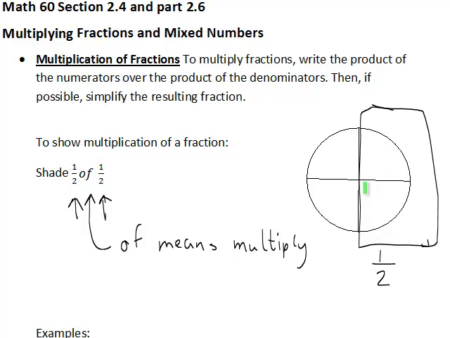Okay, so let's try to shade this. 1/2 of 1/2 is this much. This is half of a half. We have 1/2, and now we want 1/2 of that. So 1/2 of 1/2 is this much.